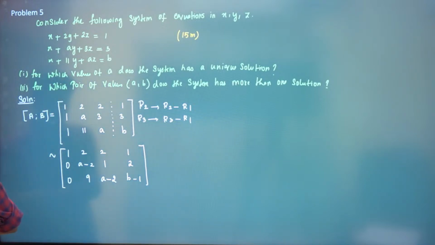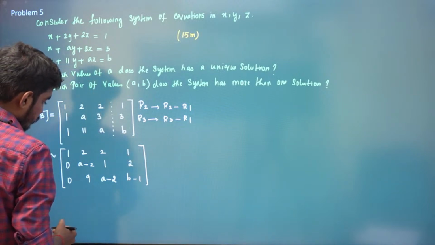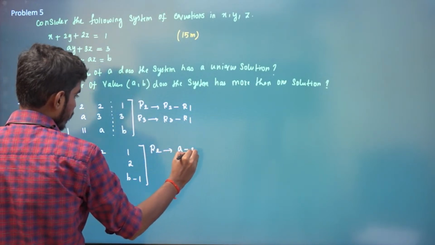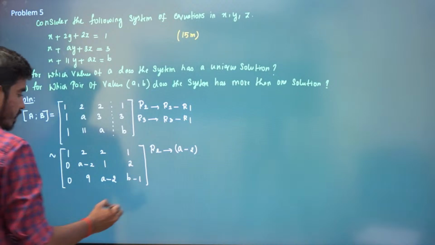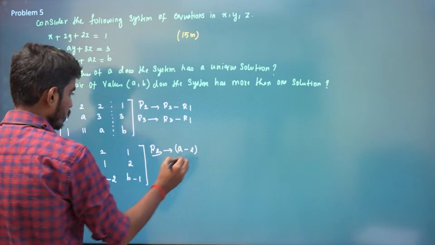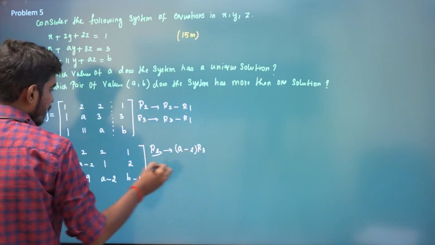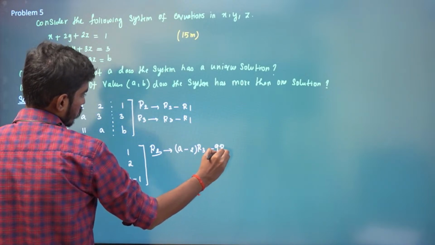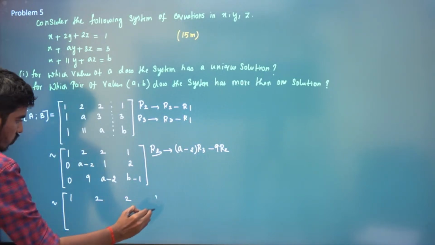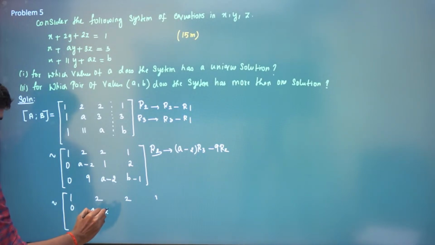So what we'll do for that is, R3 is transformed to: we multiply a minus 2 with R3, multiply 9 with R2, and then subtract. So this is equivalent to 1 2 2 1, 0 a minus 2 1 2, 0.